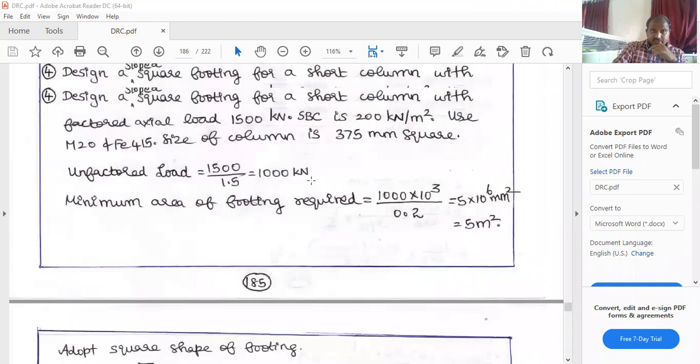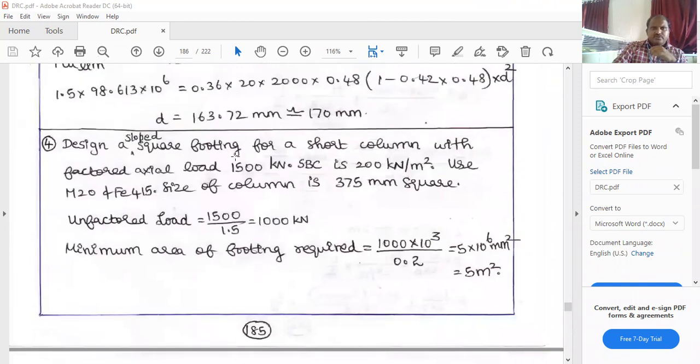And next problem is design a sloped square footing for a short column with the factored axial load 1500 kilonewton. SBC is 200 kilonewton per meter square, and use M20 and Fe415. Size of column is 375 mm square. Unfactored load is 1500 by 1.5, which is equal to 1000 kilonewton.